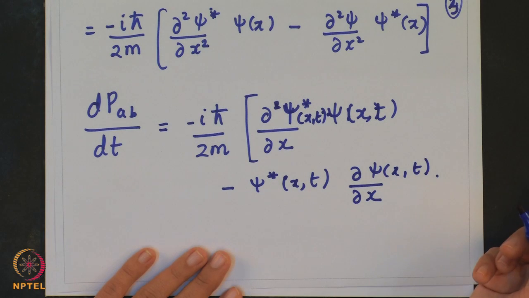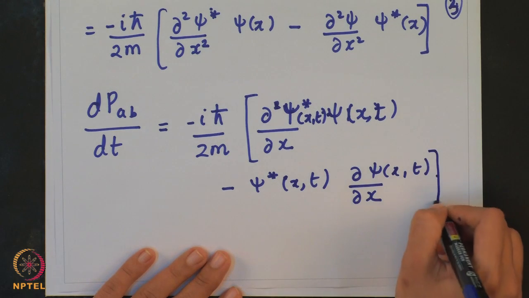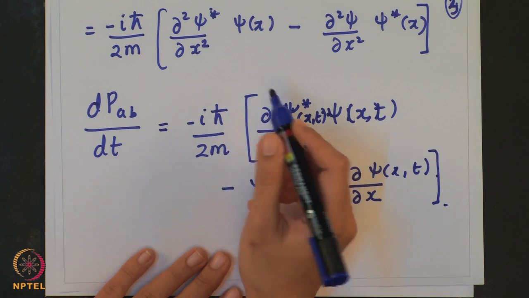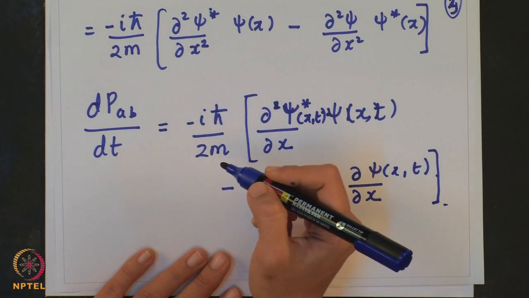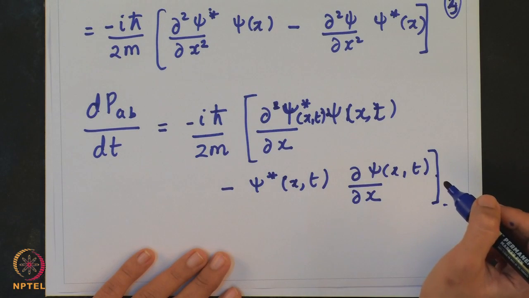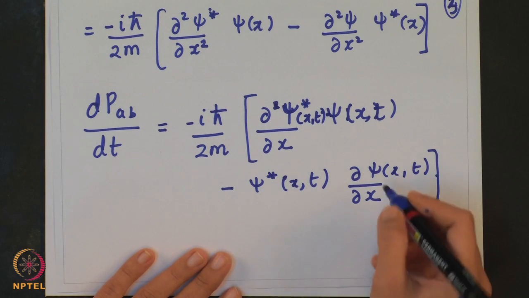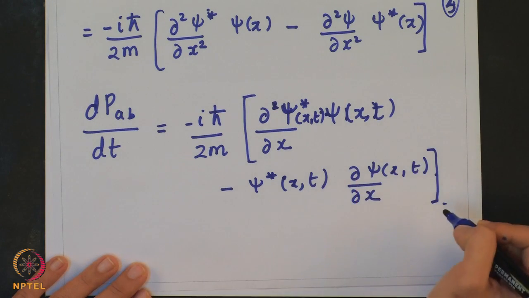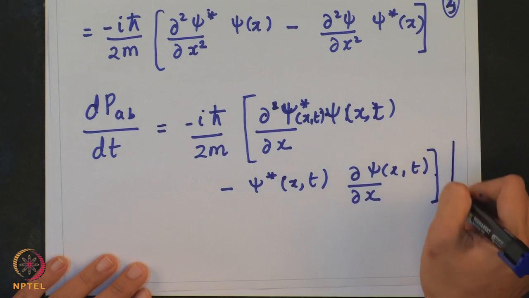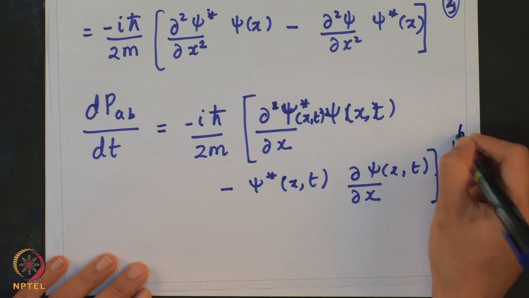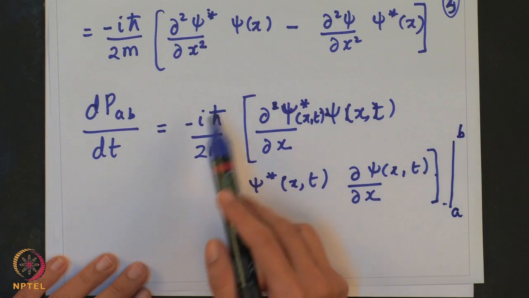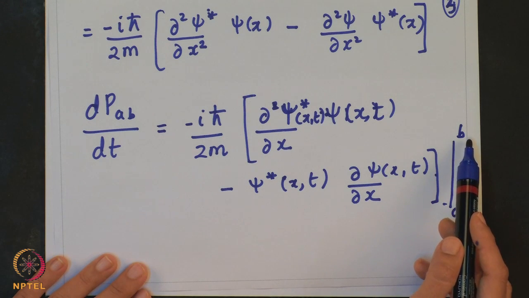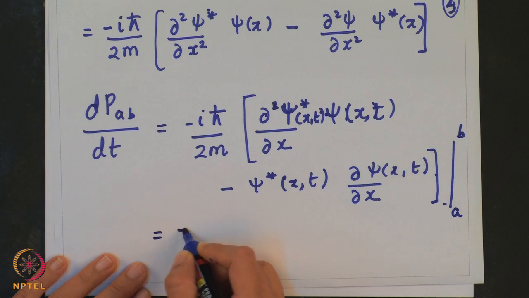Okay. So, this is the form you get, or rather even before doing integration by parts, you have this form. Then you can rewrite this, and you have to put the limits of integration.